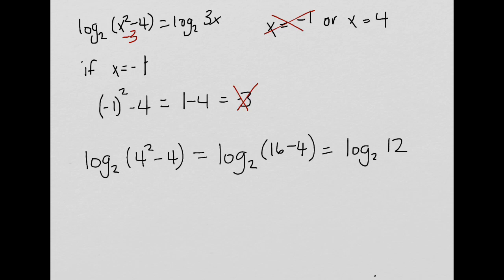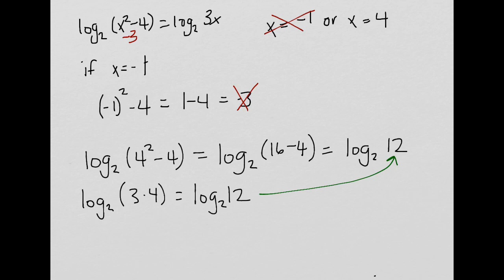What I want you to understand is these rules that they have to be positive, and so let's check the other one, right? Log base 2 of 3 times 4 is equal to log base 2 of 12. So you can see actually that they are in fact equal to each other, which is great. That is exactly what we're looking for. So we do have a solution in the x equals 4. We just can't use the x equals negative 1.